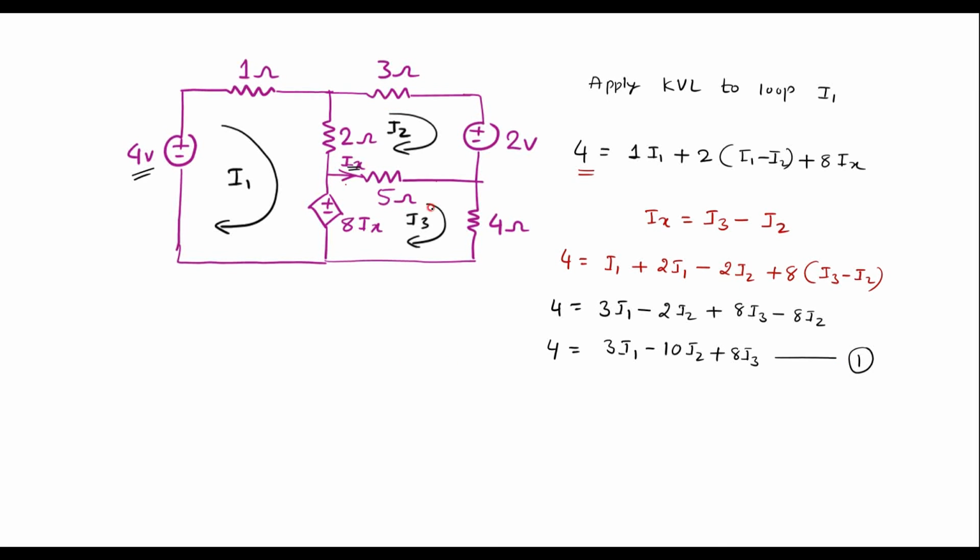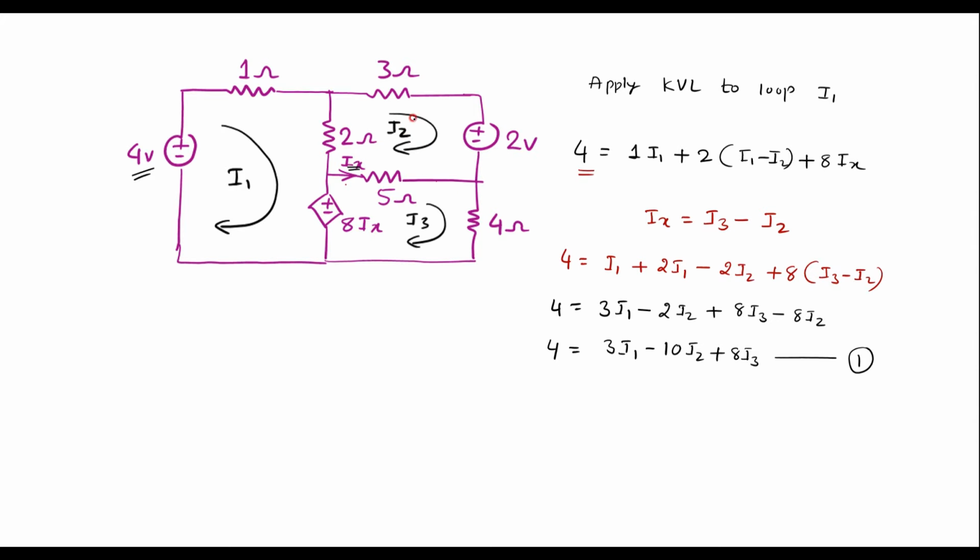Now similarly, apply KVL to loop I2. So here the current direction is shown like this. According to this current direction, current is moving from the minus terminal towards the positive terminal, that is the clockwise direction.